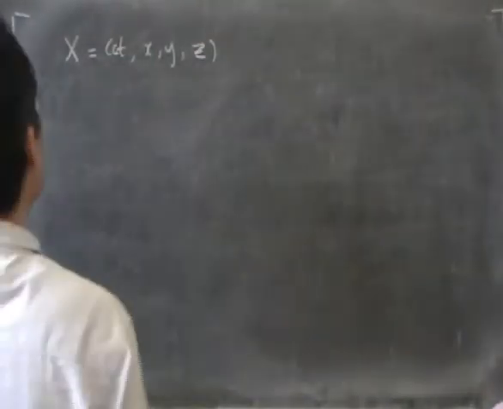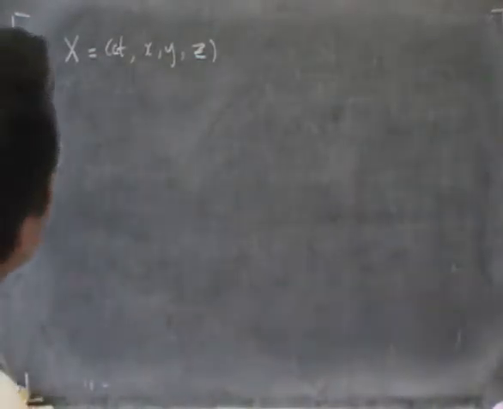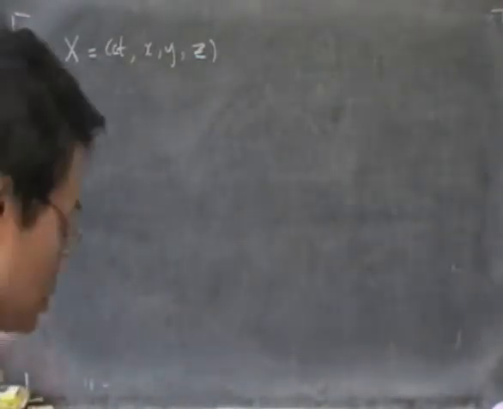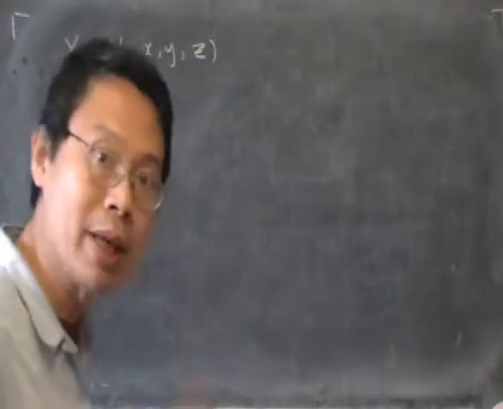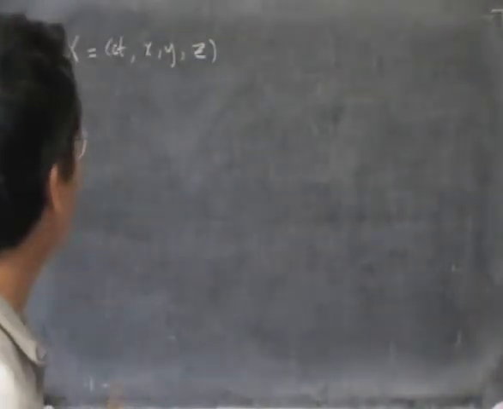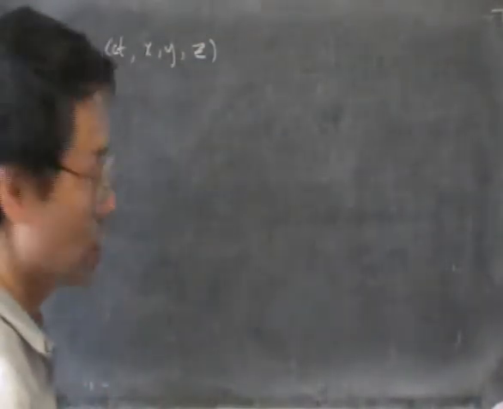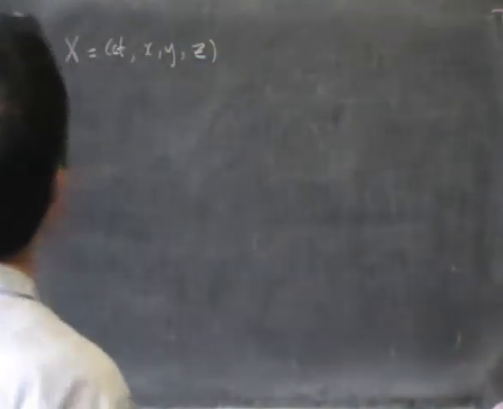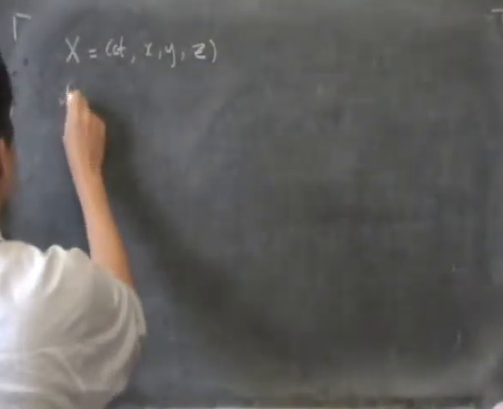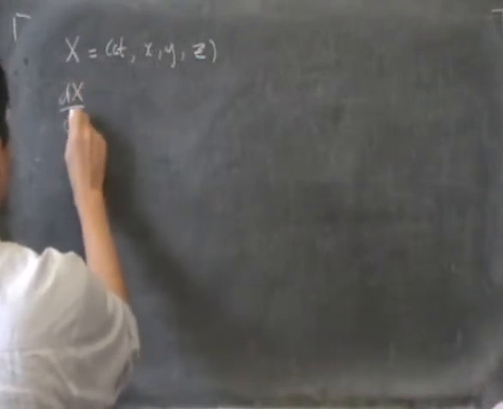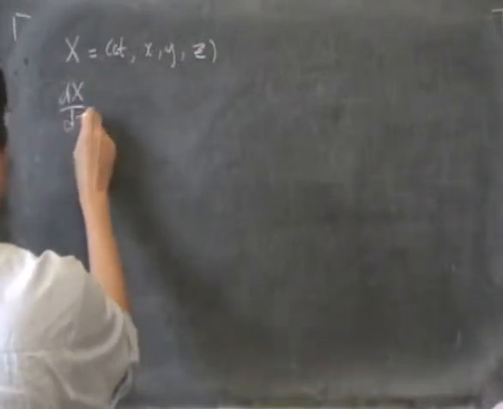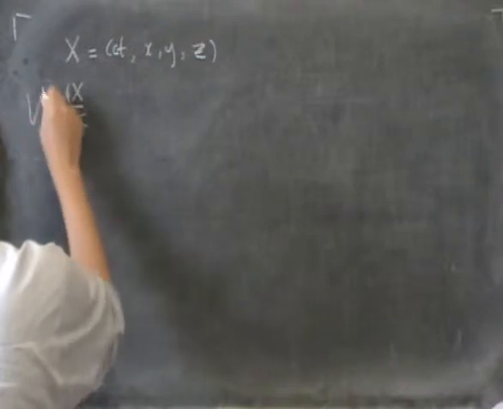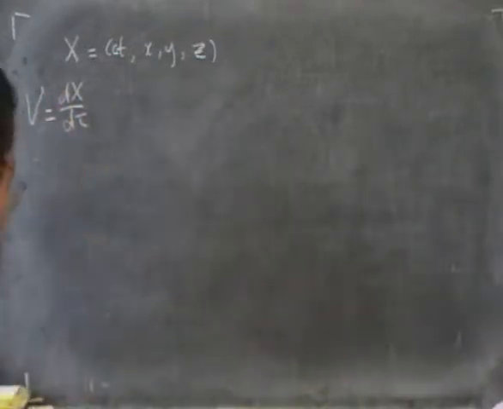Okay, now one way to make some more 4 vectors is simply to differentiate this with respect to time. If I differentiate x with respect to time, you expect to get the velocity.